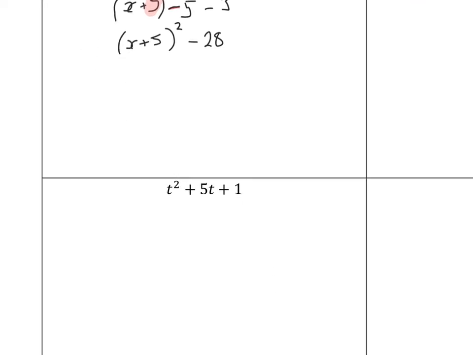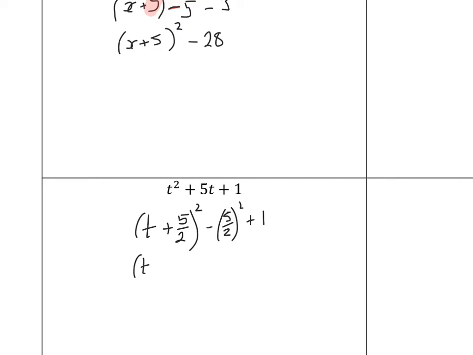So next one. So same thing. I have my brackets, and I half the number in front of t. So t plus 5 over 2 squared. Try and use fractions, not decimals. Take away that number squared. So take away 5 over 2 squared plus that 1 that's already there.